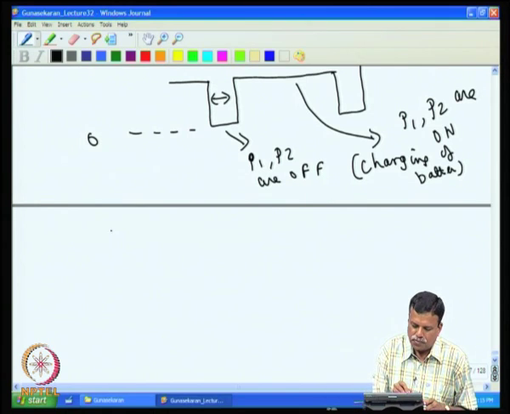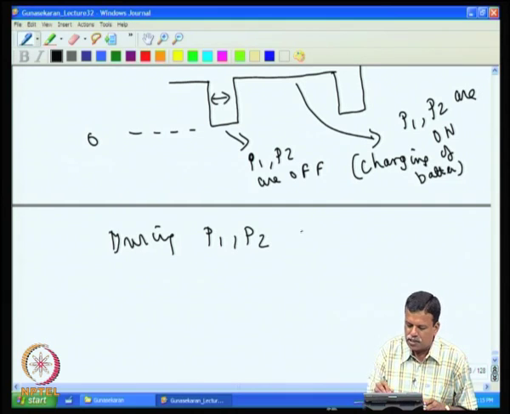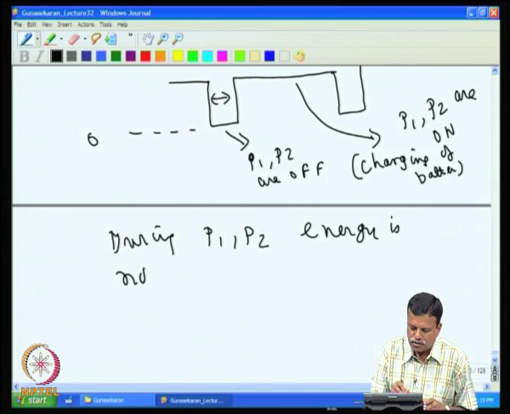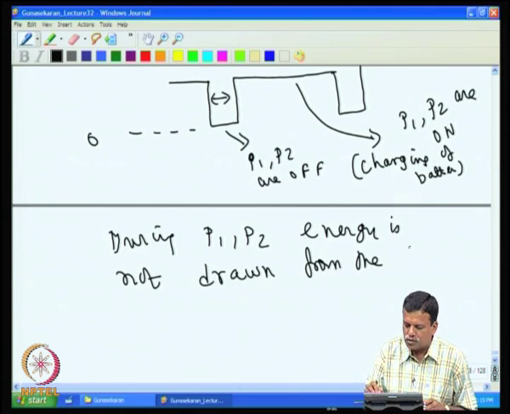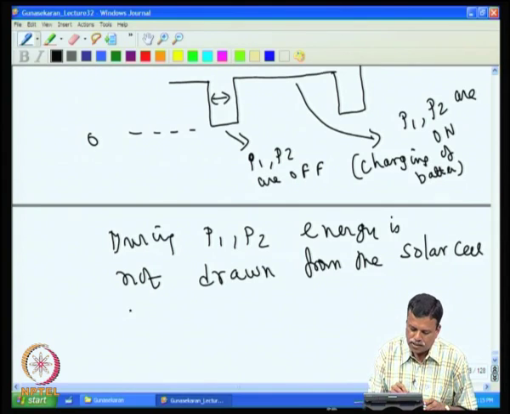During the time P1, P2 are off, energy is not drawn from the solar cell. That is, we are not utilizing the cell fully.